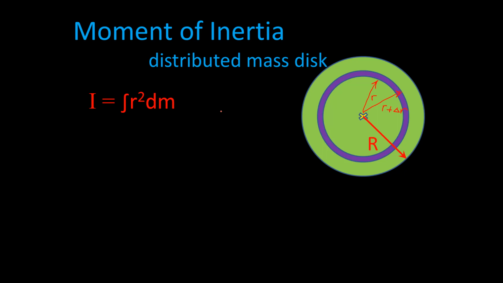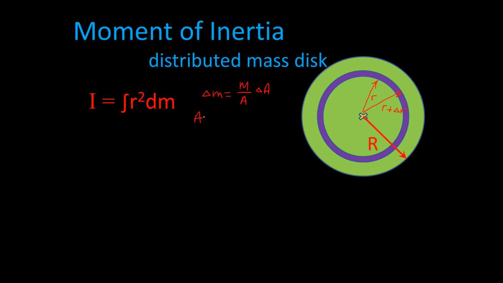If I have uniform mass, our little bit of mass is going to be equal to the mass of the whole disk over the area of the whole disk times our little bit of area.